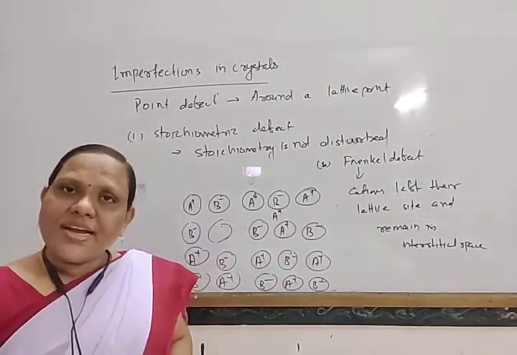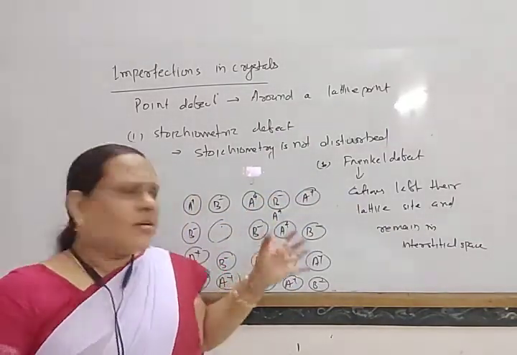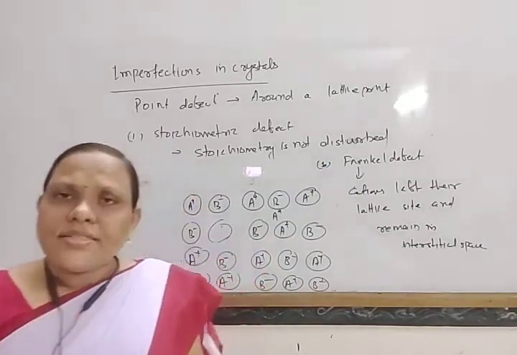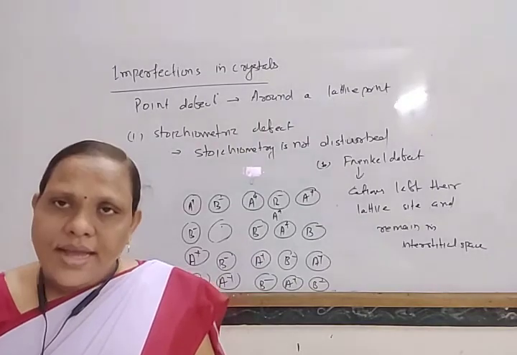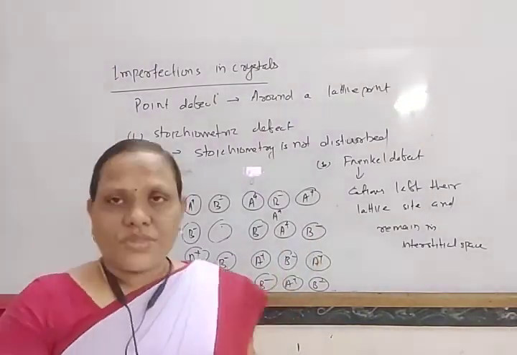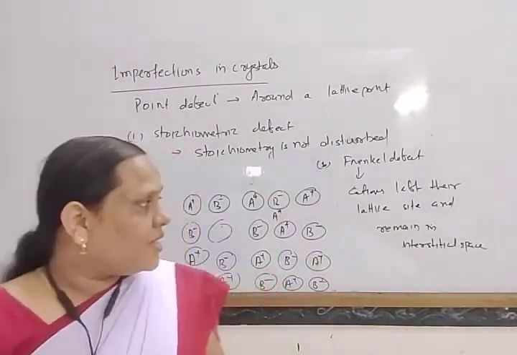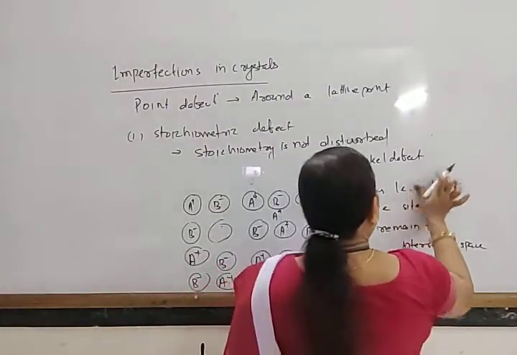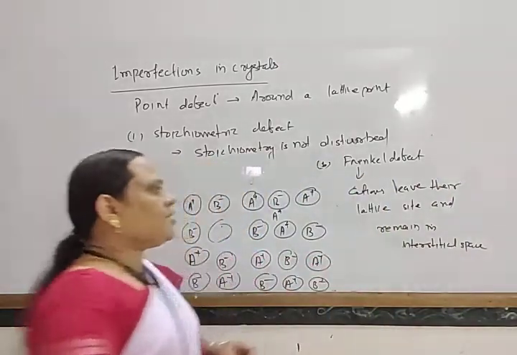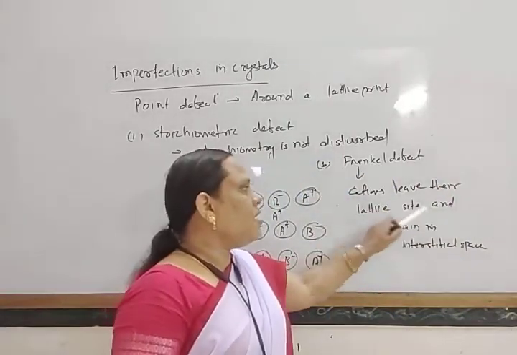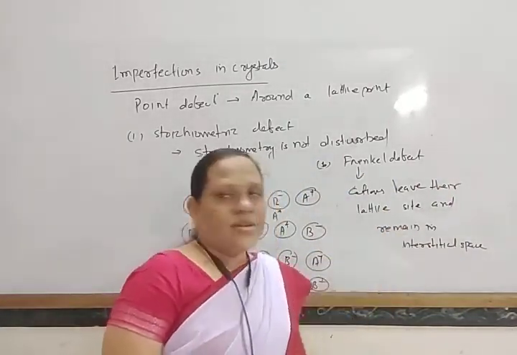In Frenkel defect, generally cations have smaller size than anions, so the cations leave their positions, lattice sites, and remain in interstitial space.